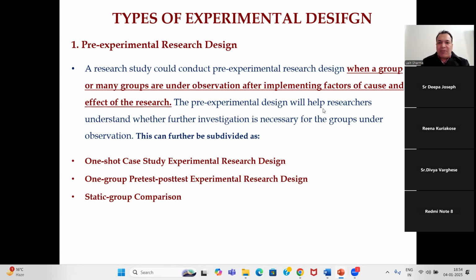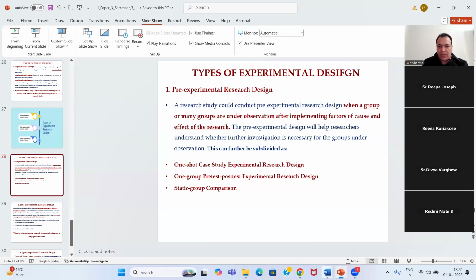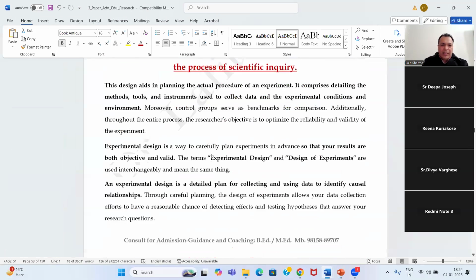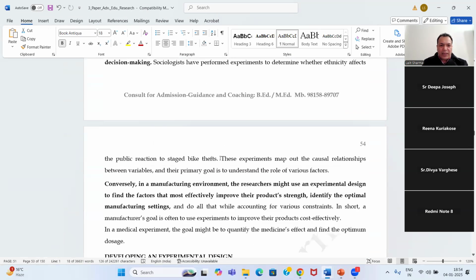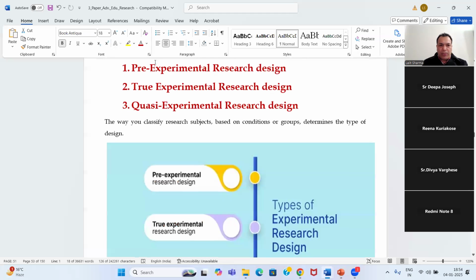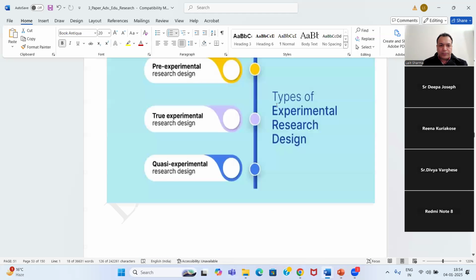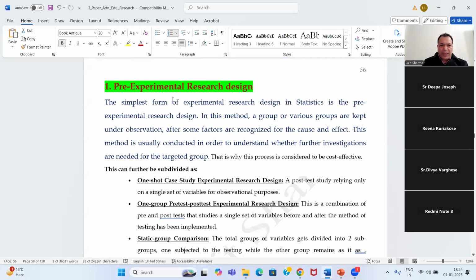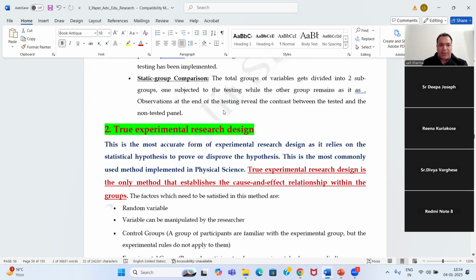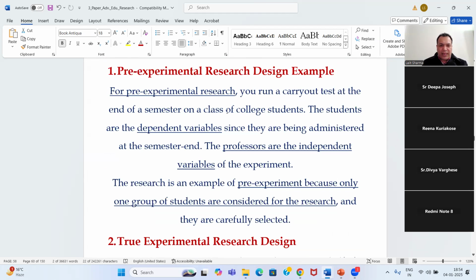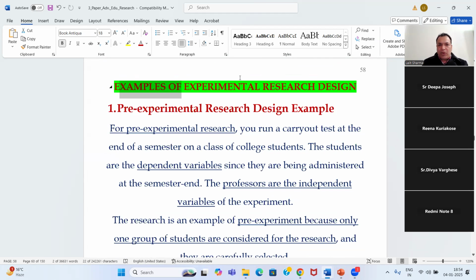The pre-experimental design will help the researcher to understand whether further investigation is necessary for the groups under observation. Right? So this is simple, right? You can also see it from here. True experimental design, this is taken from here. First true, this is the pre-experimental design, right? Look at its examples, with the help of examples you will understand.